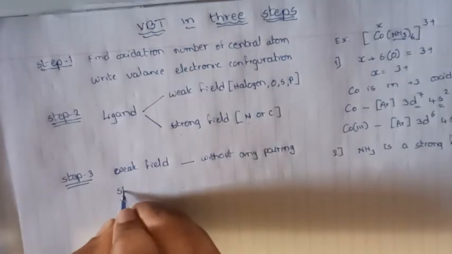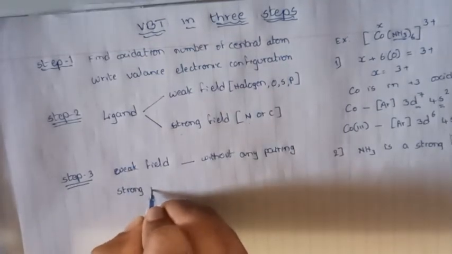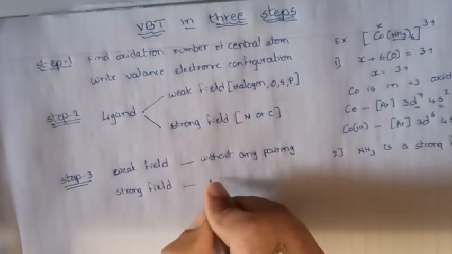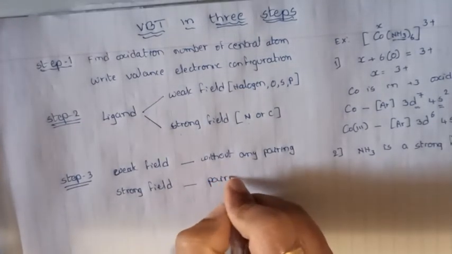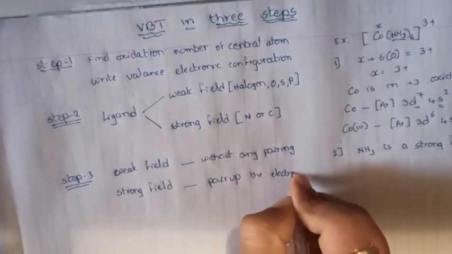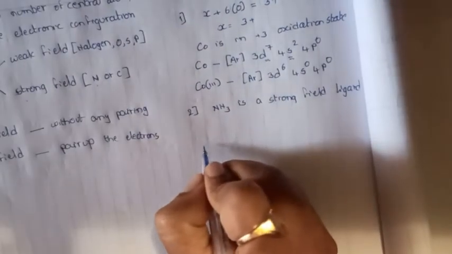If the ligand is a weak field ligand, you write the electronic configuration of the metal as it is, without pairing. And if it is a strong field ligand, you have to pair up the electrons, opposite to Hund's rule. In this case, ammonia is a strong field ligand.